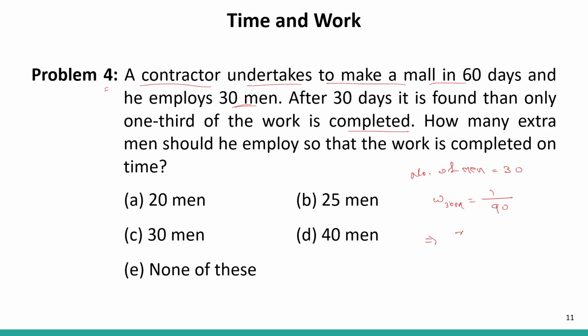So this implies 30 x by 90 is equal to 1 by 90, or 30 by x. So x is equal to 30 into 90, that is equal to 2700.